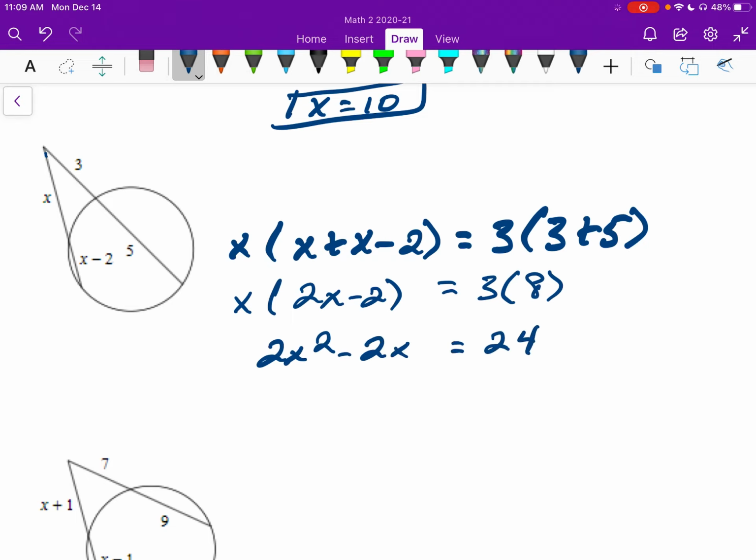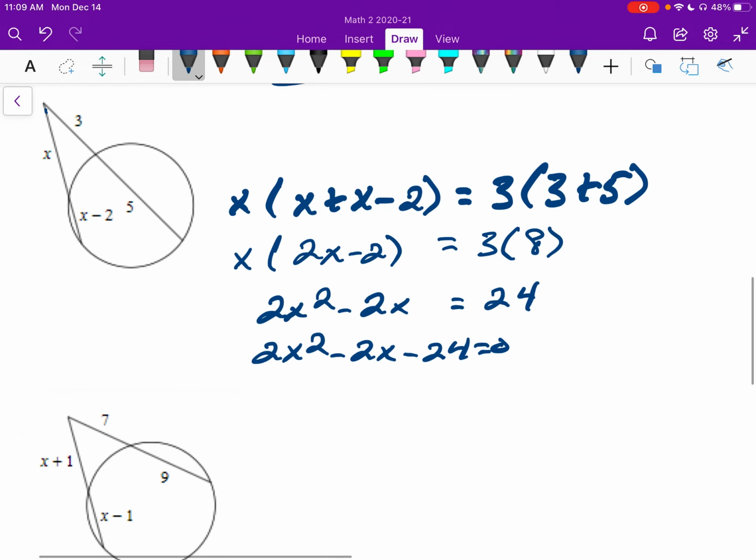I'll set that equal to 0, so 2x squared minus 2x minus 24 equals 0. Whenever we factor things, it's a lot easier if that coefficient in the front is a 1. So I'm going to divide everything by 2. So x squared minus x minus 12 equals 0. Remember, we have a negative 1 in front of our x there, so we want it to add to be negative 1 and multiply to be negative 12.